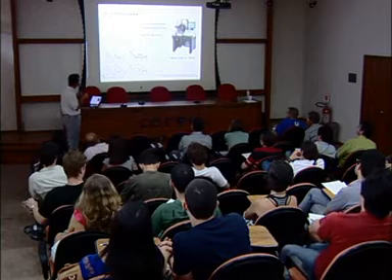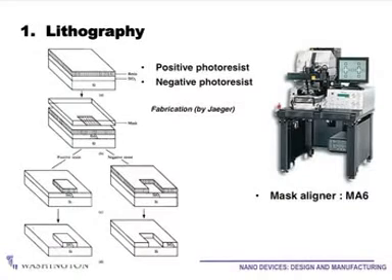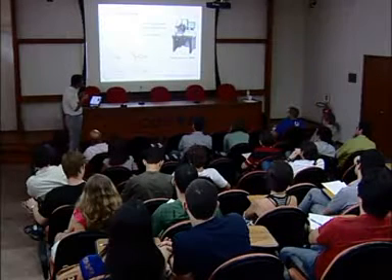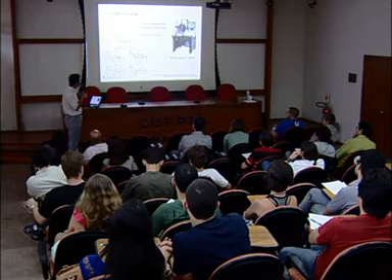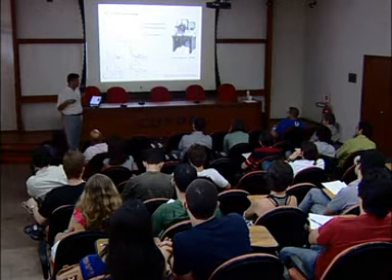However, in some polymers, the chains are hardened under the exposure. That's called a negative photoresist. If the exposed area is broken, then it's called a positive resist. So we can switch the pattern.